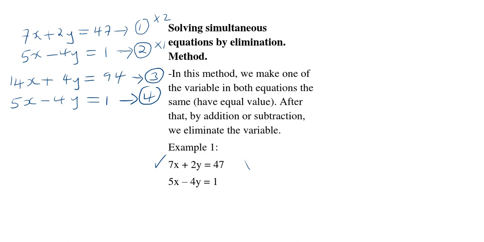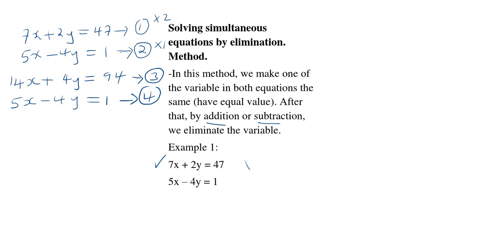Now after that, you have to look at the operation, either addition or subtraction, which will give you the value of y, which we want to eliminate, being 0. You have to look at the operation which will give you 0 at y. So in this stage you have to be very keen when you are choosing the operation.